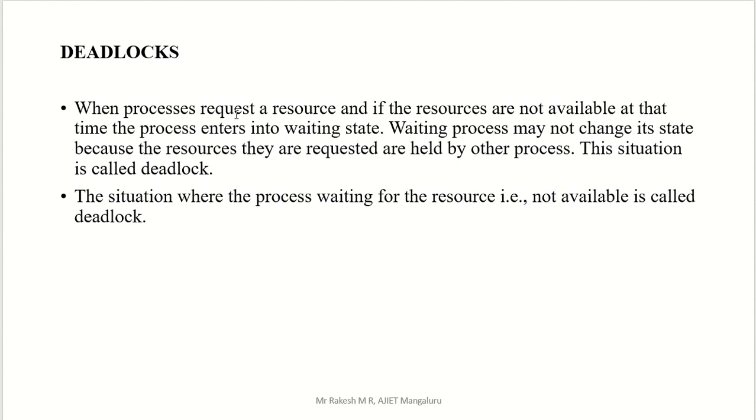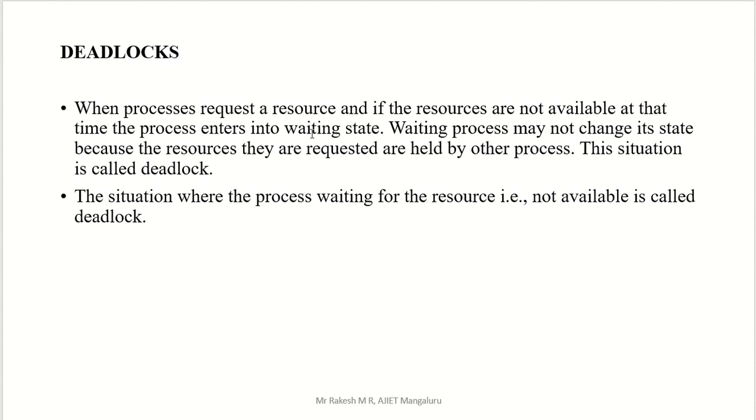Here, process requests a resource, and if the resource is not available at that particular time, then the process enters into a waiting state. The process needs the resource for execution, but when the process requests, at that time the resource is not there. That means the resource is busy with another process.